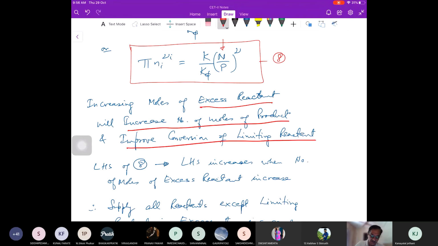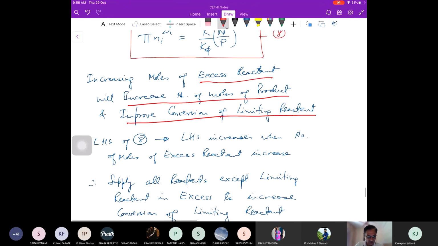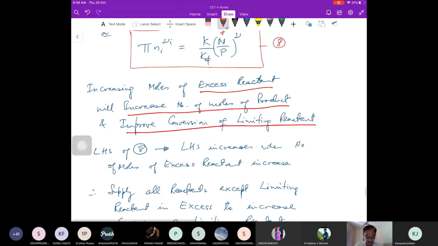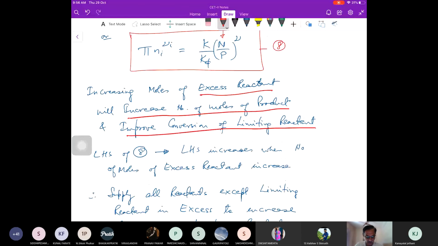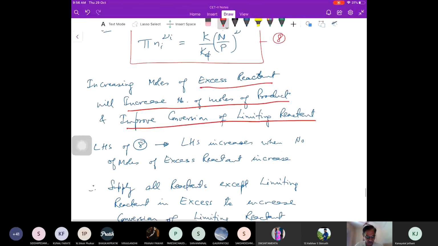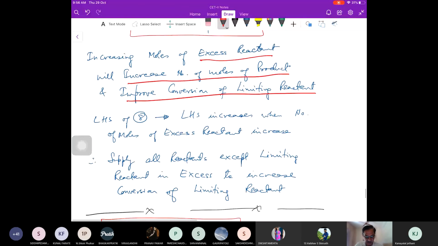And that's what we had seen. जैसे conversion बढ़ता है, in excess reactant बढ़ता है, conversion बढ़ता है. So left hand side of the equation increases when number of moles of excess reactant increase. Therefore, we supply all reactants except limiting reactant in excess. Right? Always excess reactant is related to limiting reactant, to increase conversion of limiting reactant. Any questions on this?